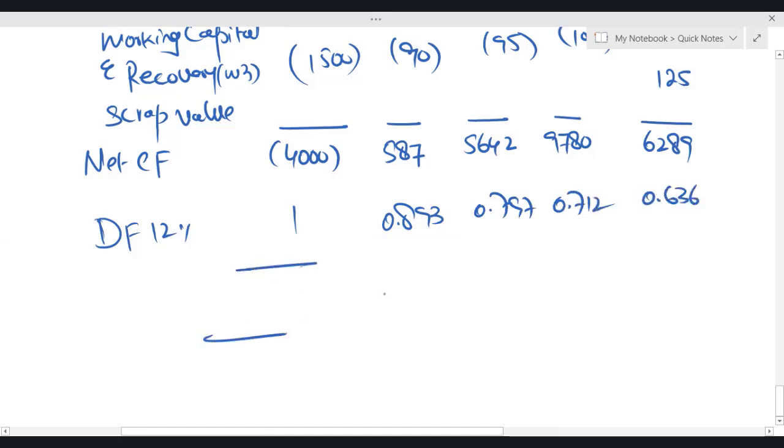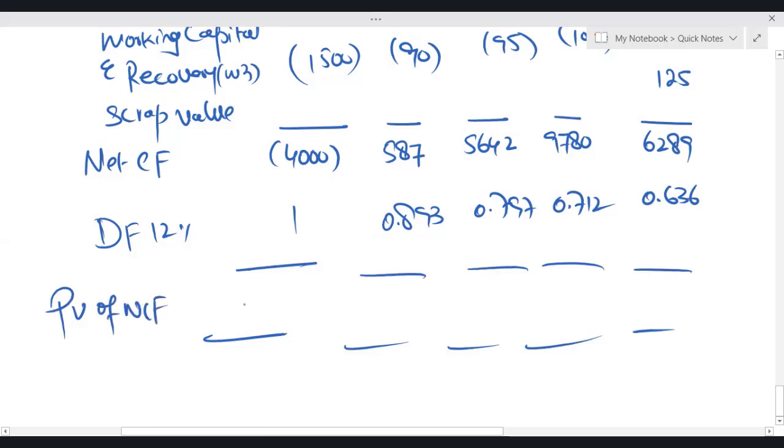Present value of net cash flows, obviously 4,000. 557 multiplied by 0.893, 524. Okay. 5,642 into 0.797. I'm getting 4497.